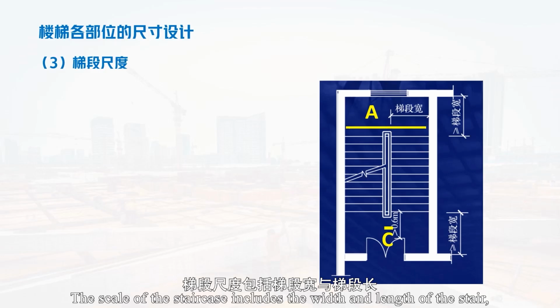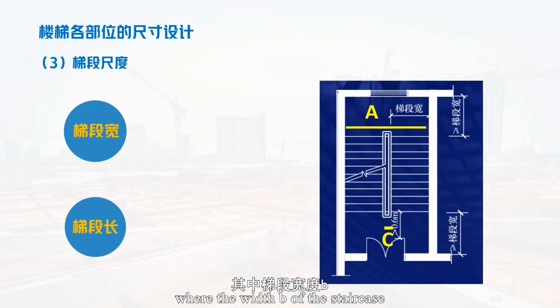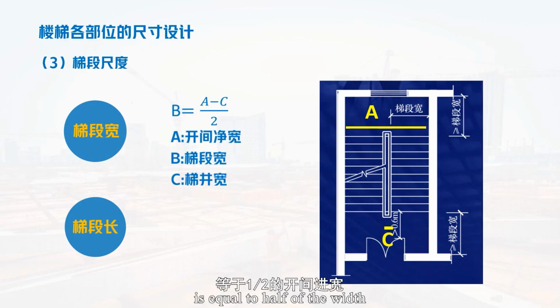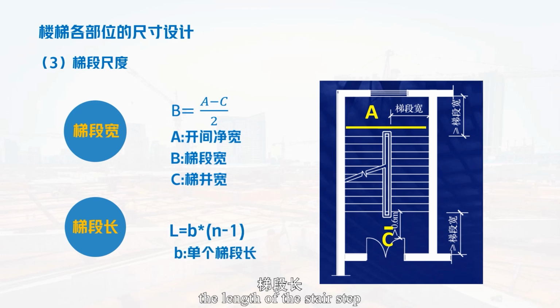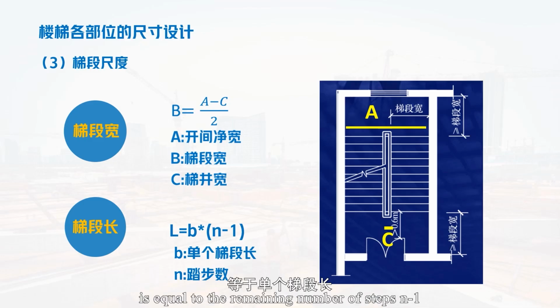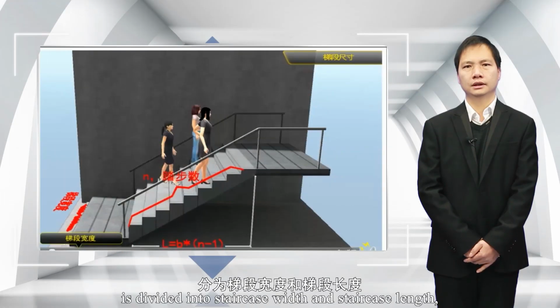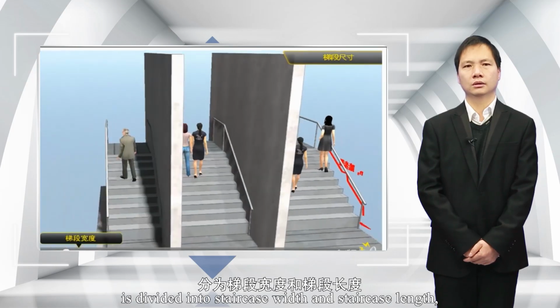Third, scale of the stair flight. The scale of the staircase includes the width and length of the stair flight, where the width b of the staircase is equal to half of the width of the staircase section minus the width of the stairwell. The length of the stair flight is equal to the number of steps minus 1 times the step width, for a single stair flight.